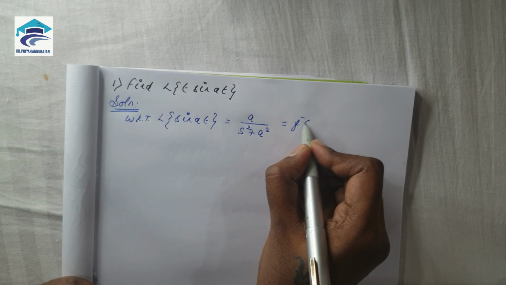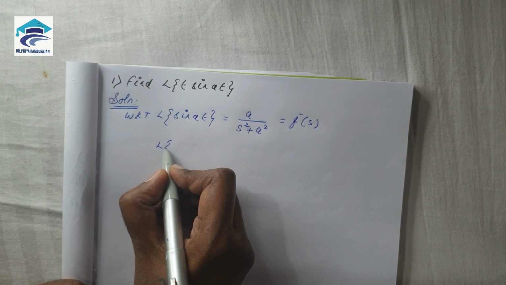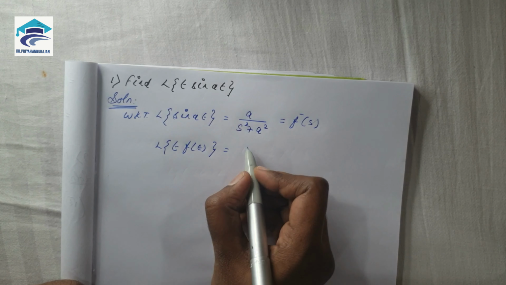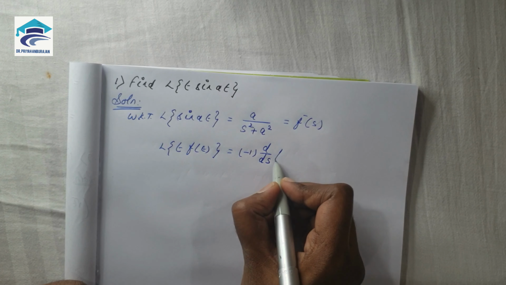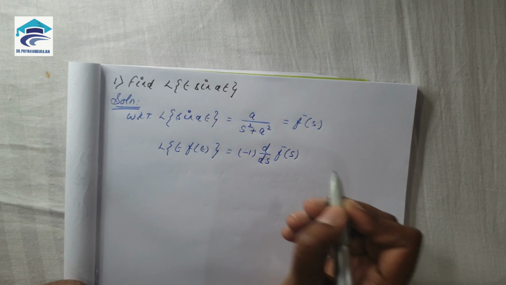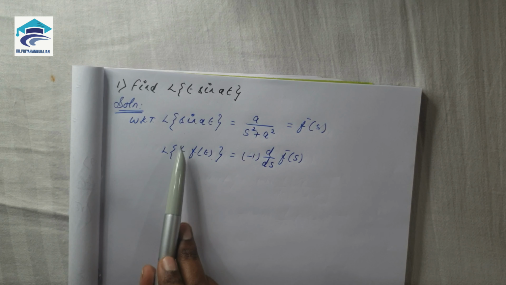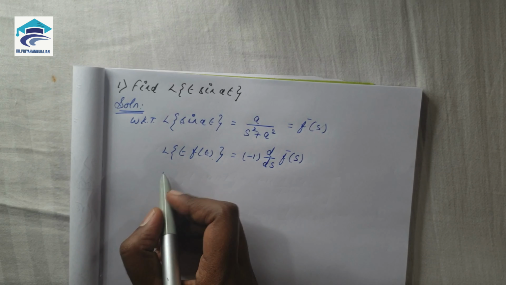This is our f bar of s. By the theorem, L of t into f of t is equal to minus 1 into d by ds of f bar of s. So here our f of t is sin at and we need to find t into sin at. So let me apply this in the formula.